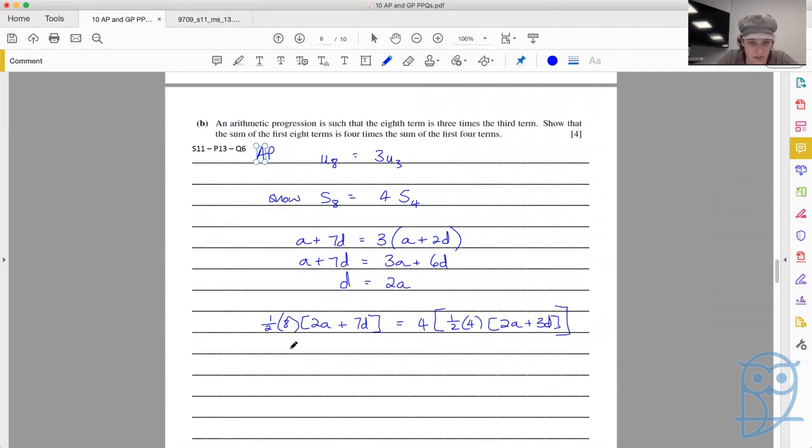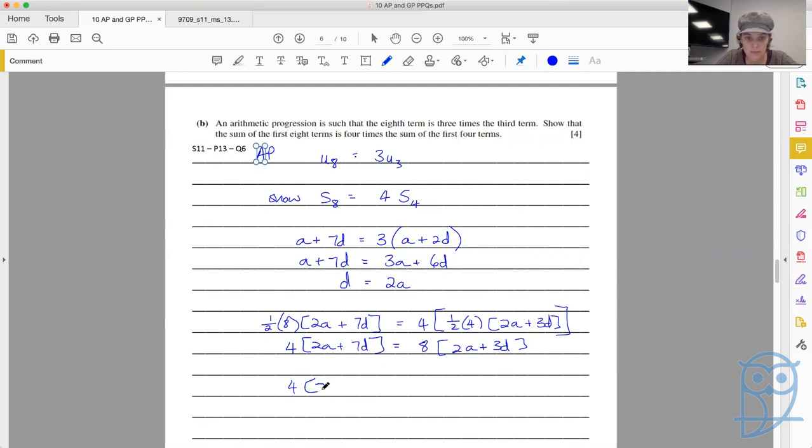So let's just simplify the world a bit. 4 times 2a plus 7d equals 4 times a half times 4. Well, that gives us 2 times 4, which is 8, 2a plus 3d. But we know also that d equals 2a.